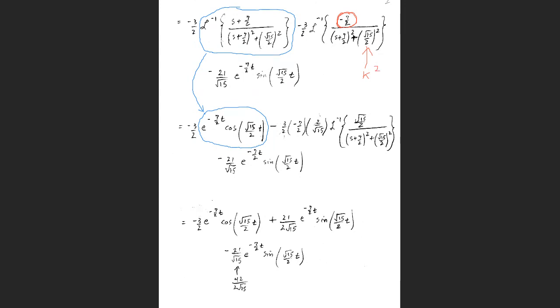So okay, I'll put it up here, but then I gotta multiply by the reciprocal, 2 over root 15, and then the negative 7/2 I pulled out in front. Okay, so that gets us here.